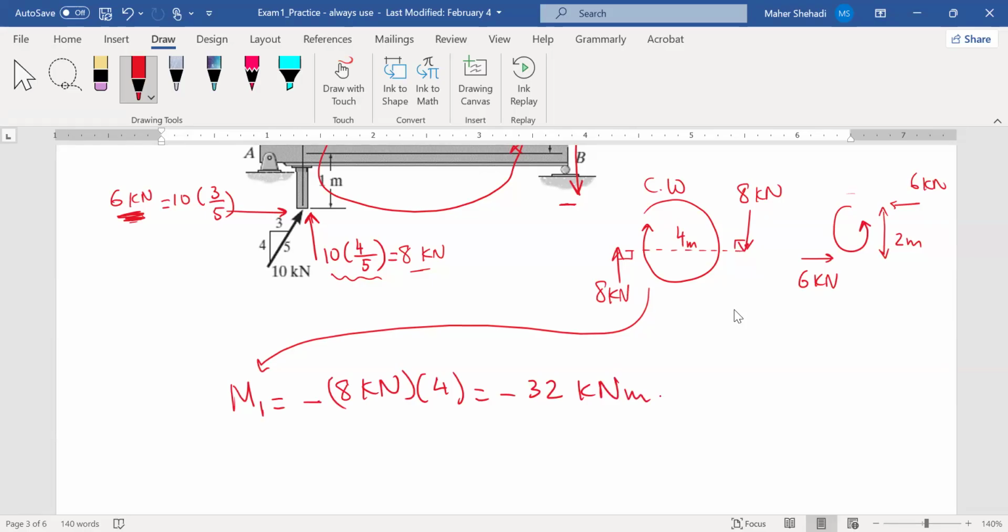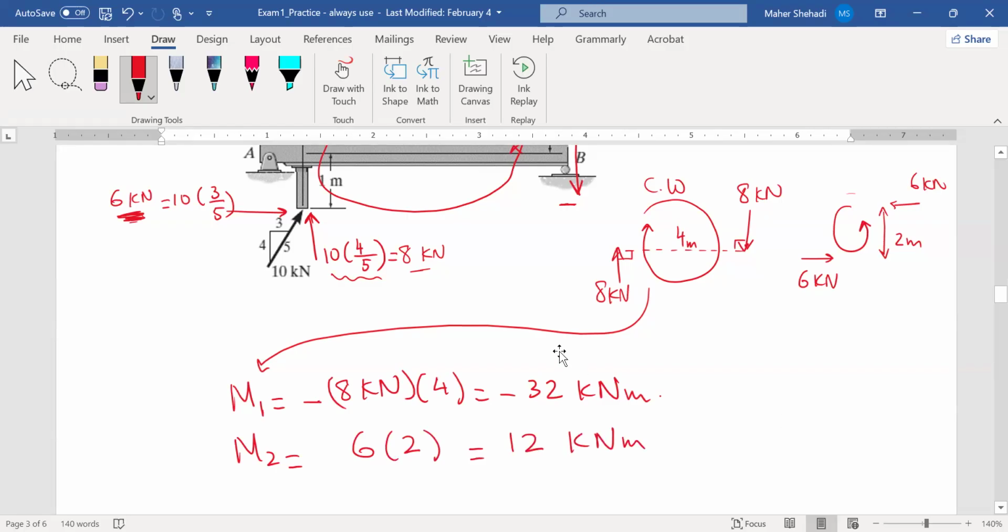The second one is going counterclockwise, so M2 is 6, it's plus, times 2 meters, so it's 12 kilonewton meter.